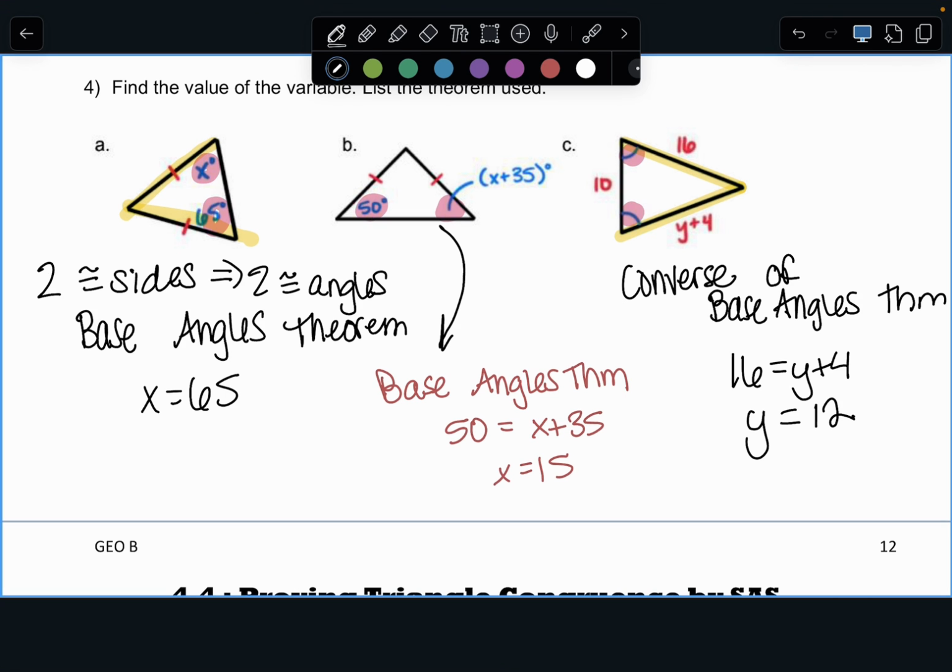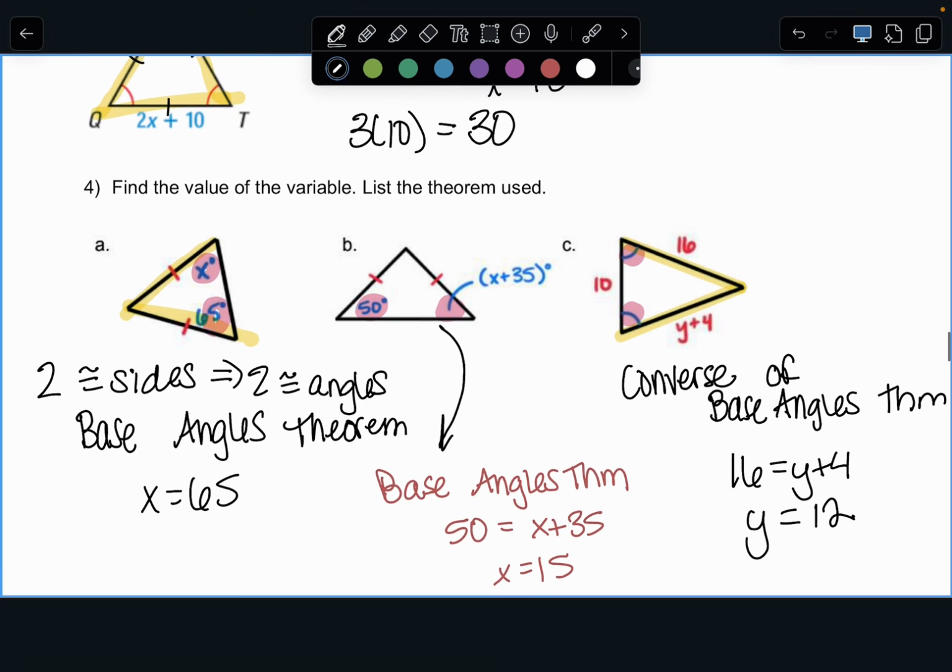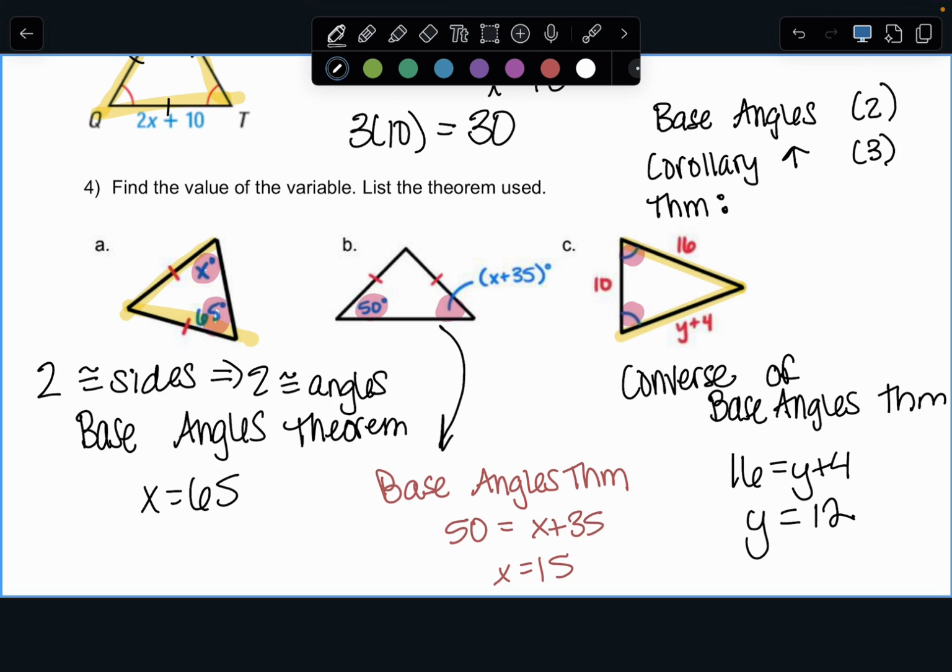So again, I would just make a note of this real quick. Base angles theorem all goes with 2 sides or 2 angles. And the corollary to it works for 3 sides or 3 angles. We use the theorems, either the base angles or the corollary to the base angles, when we go from sides to angles, and we use the converse when we go from angles to sides.